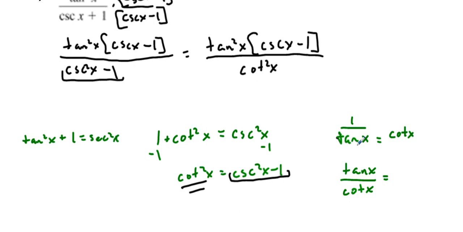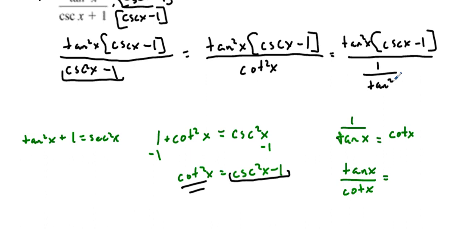If I take this right here and take the reciprocal of that, it will turn into tangent squared. So actually, tangent squared of x times the quantity, once again, cosecant x minus 1. The bottom is going to be 1 over tangent squared of x, multiplied by the reciprocal.